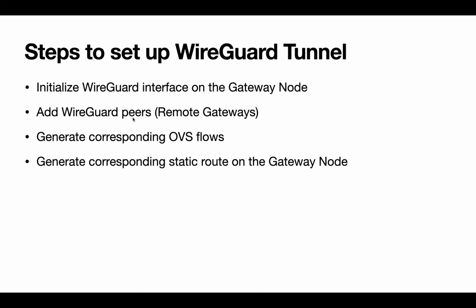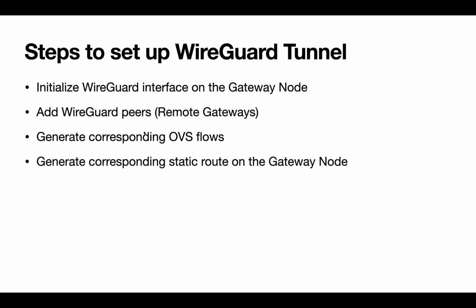We implement this with the help of CRD cluster info import. After we added all the peers, or maybe not all the peers, but add peers, we need to generate the corresponding OVS flows.